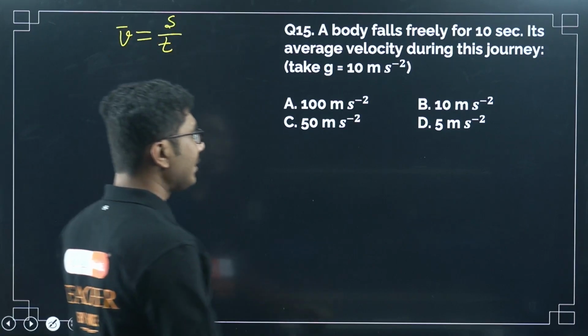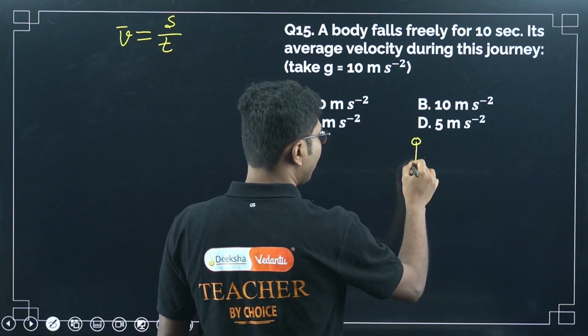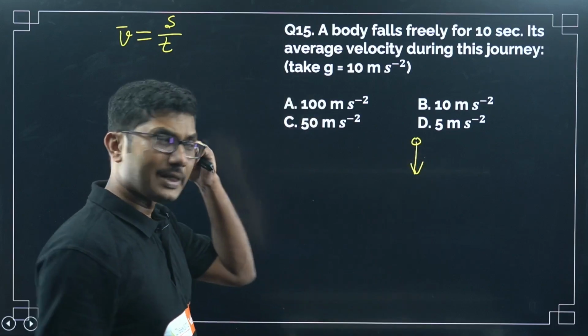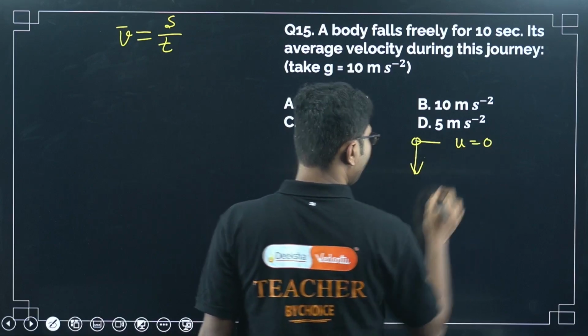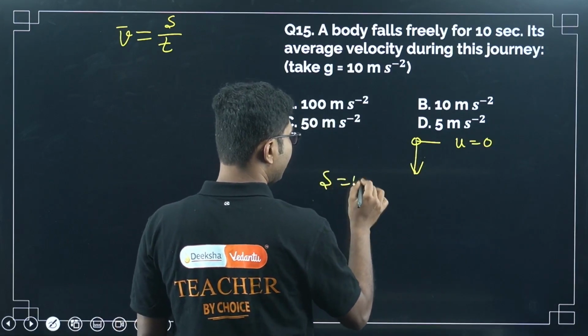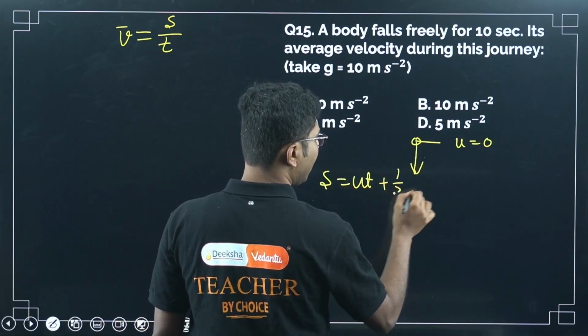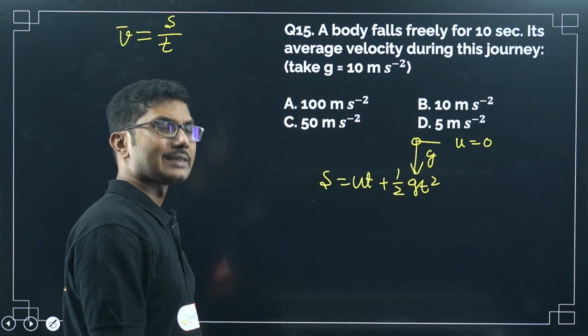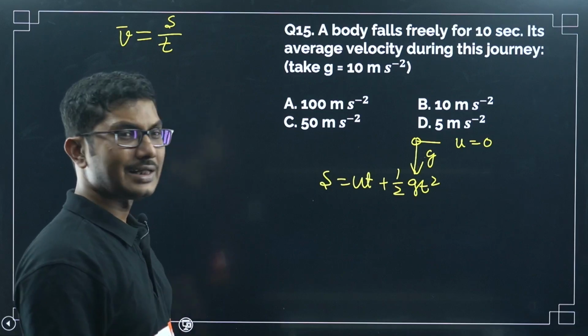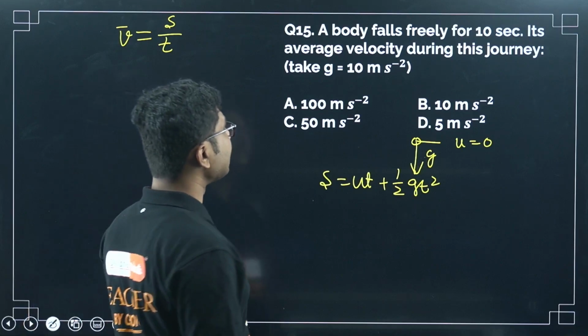So when you drop an object, how can you find the displacement? Initial velocity is 0, and we know that S is equal to ut plus half gt square. In case it is falling freely, the only acceleration acting on it is the acceleration due to gravity, that is g.